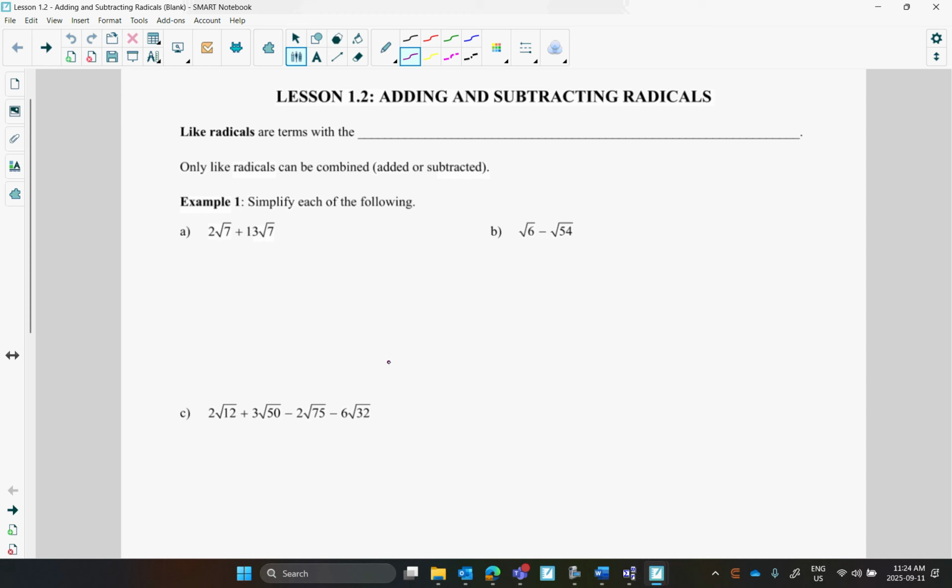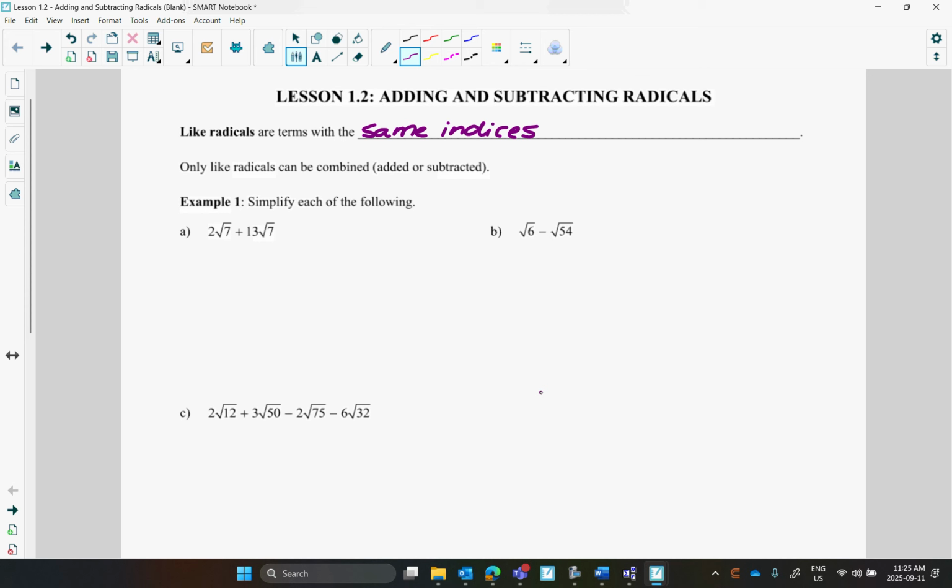So like radicals are the same kind of thing. Okay? They have the same indices, and the plural of index is indices. And remember, the index is the root that we take: square root, cube root, fourth root. Okay?